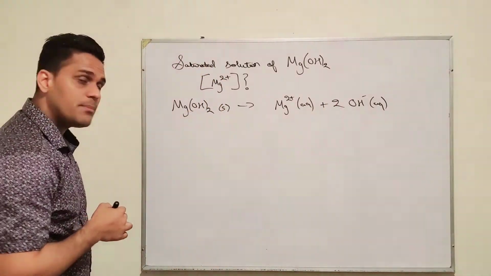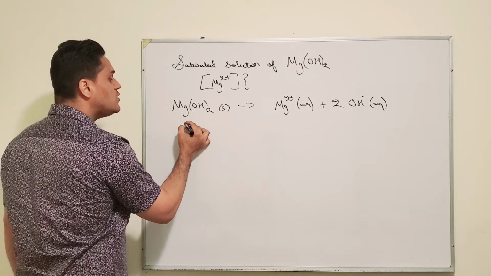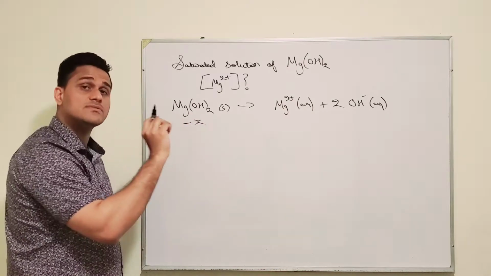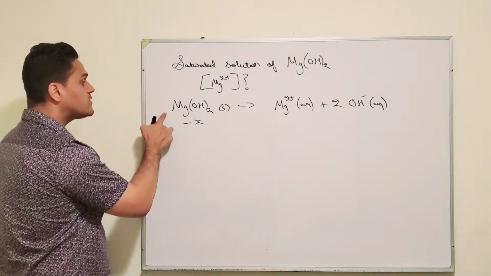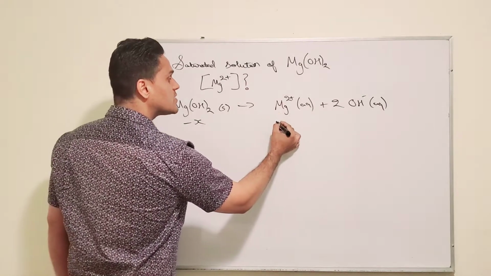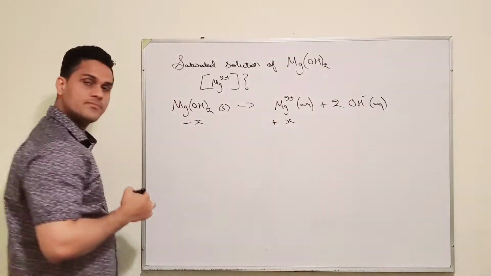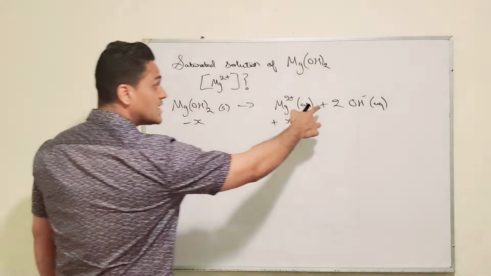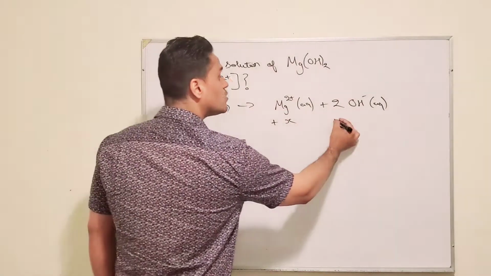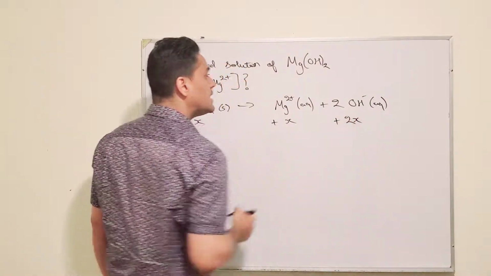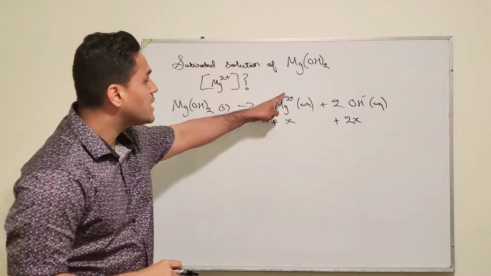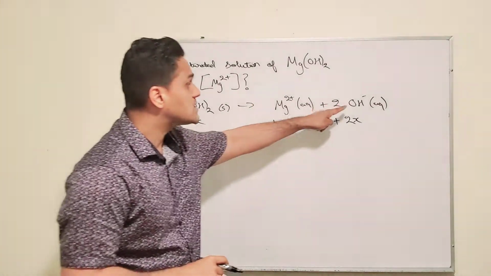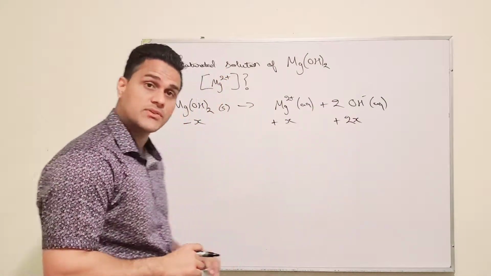Now guys, what's going to happen is, if this dissolves X amount, this is 1 to 1, that means this is going to go up by X. Now this has a 2 in front, means that's going to go up by 2X. So my concentration of Mg2 plus is going to be X, and my concentration of OH minus is going to be 2X.